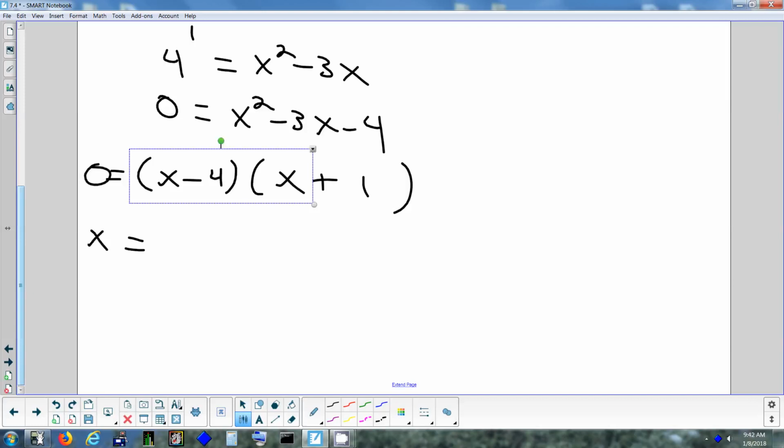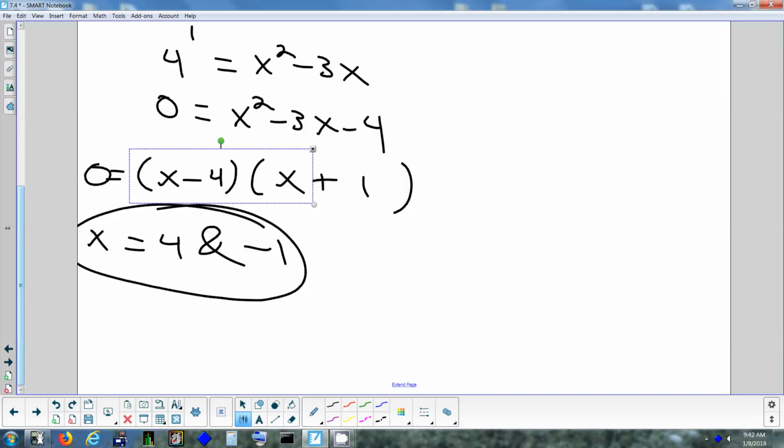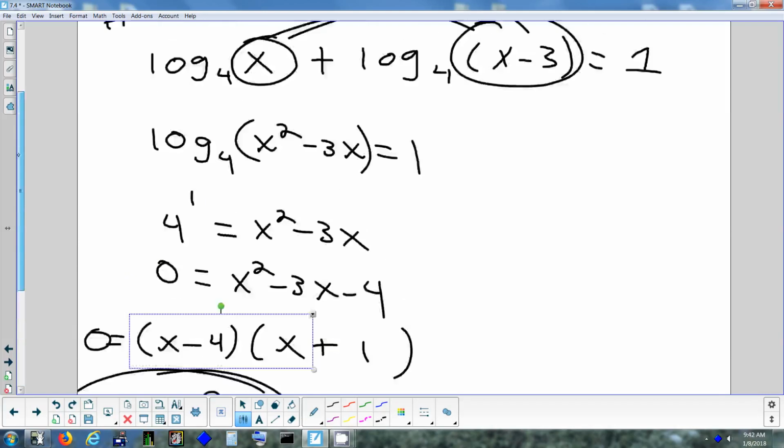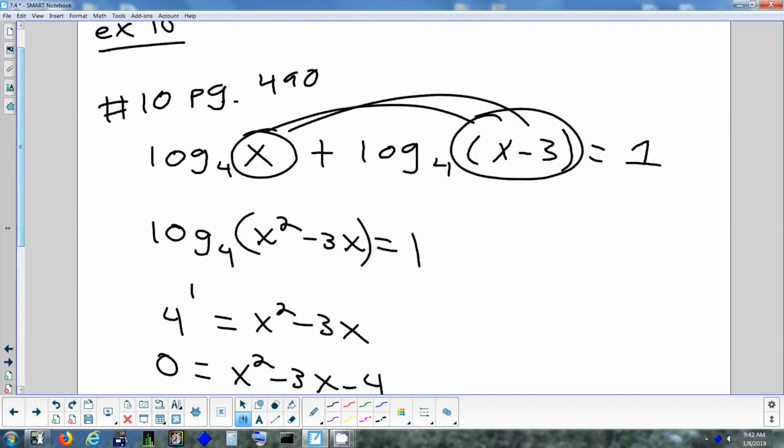No. Oh, 4. And what about the second factor? Negative 1. So those are my answers, but make sure they don't give you any negatives. Let's check 4. If I plug in a 4 for x here, would that first circle be positive? How about if I plug in a 4 for x here? Would that second circle be positive? Yeah, 4 works fine.